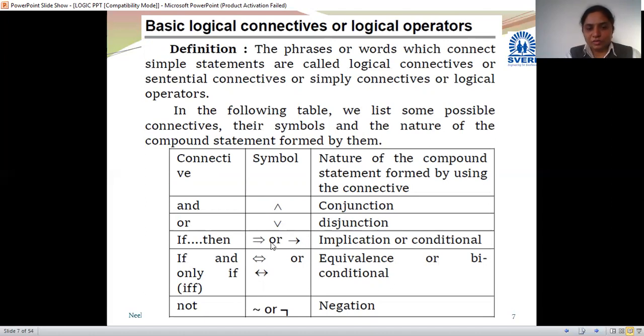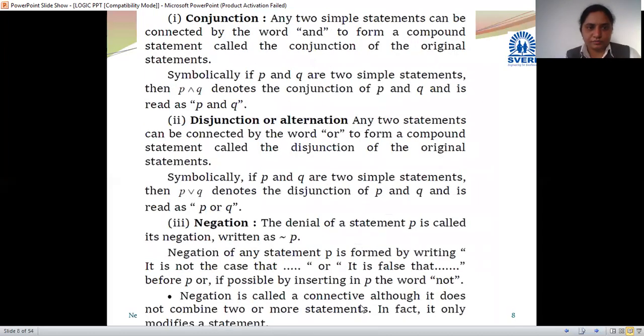This is a conditional statement or implication. If and only if is a double arrow on both sides. It is called equivalence or biconditional. And NOT is this notation, the negation of a statement.